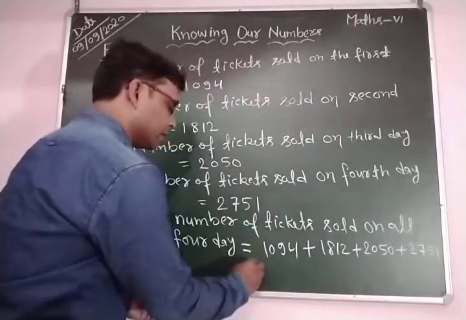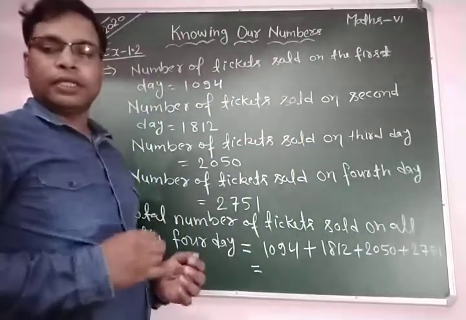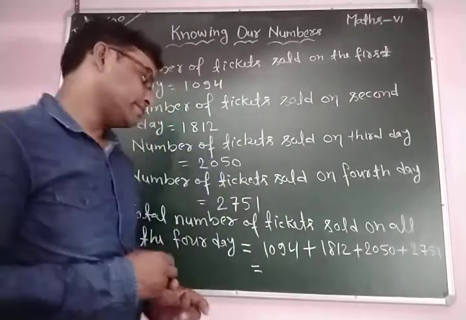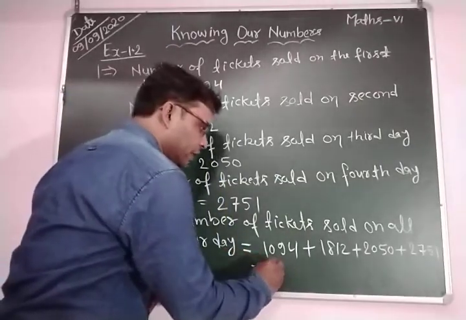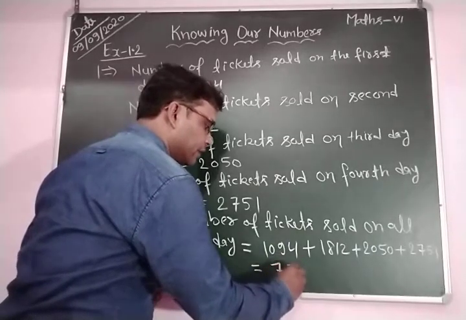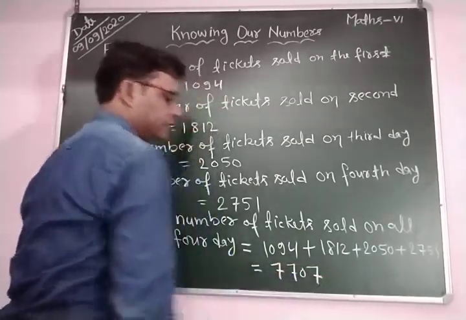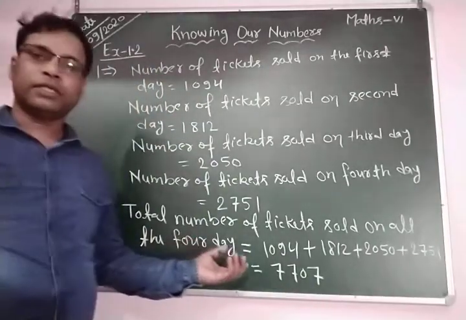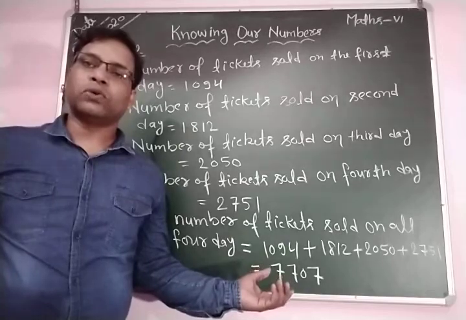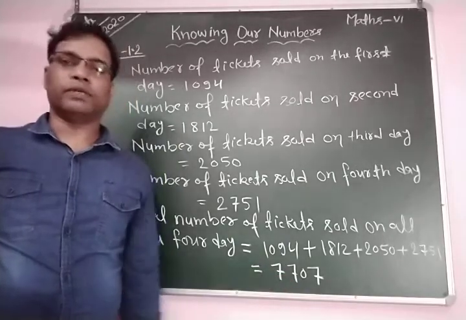Now if we add them, we obtain 7707. This is the number of tickets sold in all 4 days.